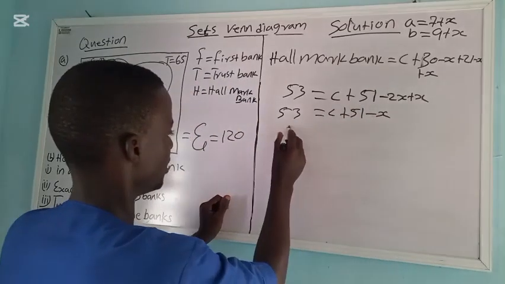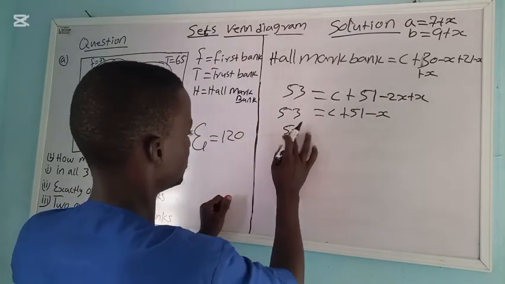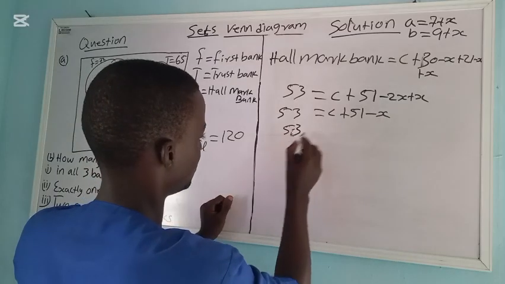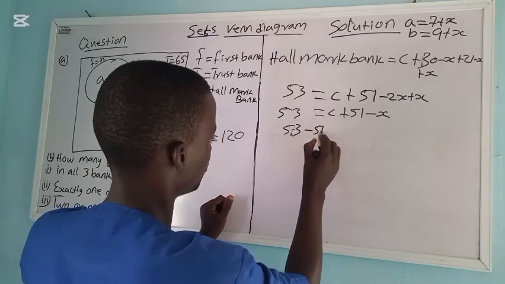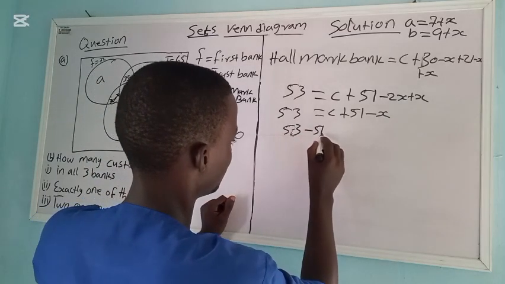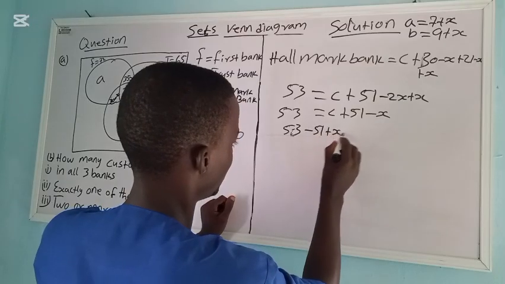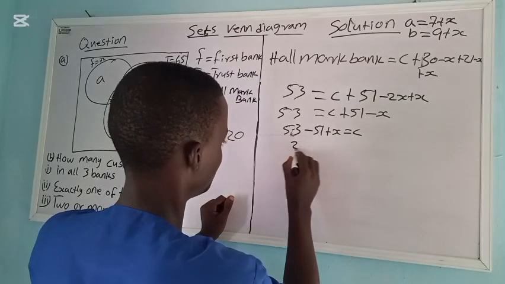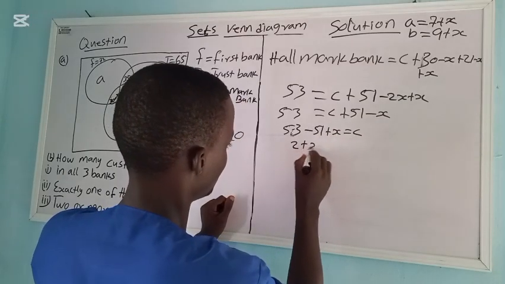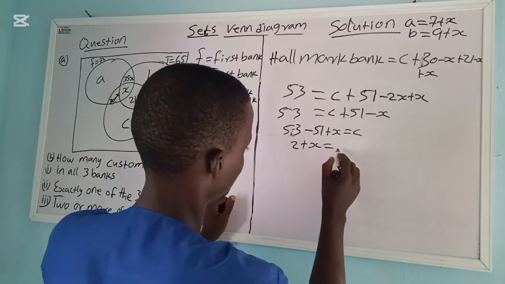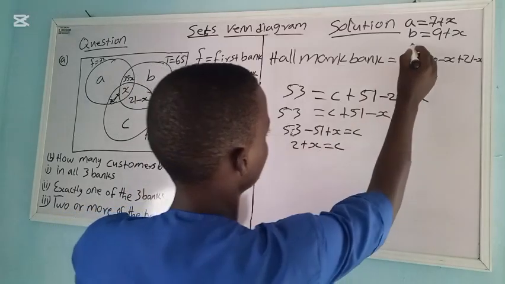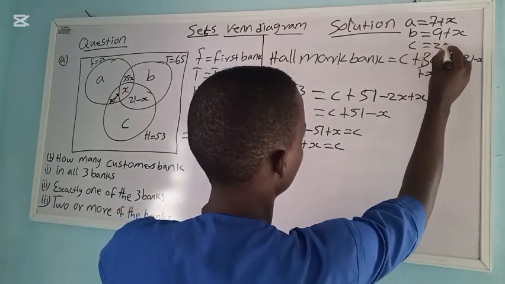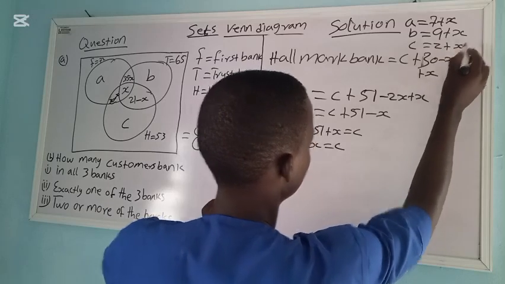So this one crosses to this side, we have 53 minus 51 plus x is equal to c. So we have 2 plus x is equal to c, so c is equal to 2 plus x.